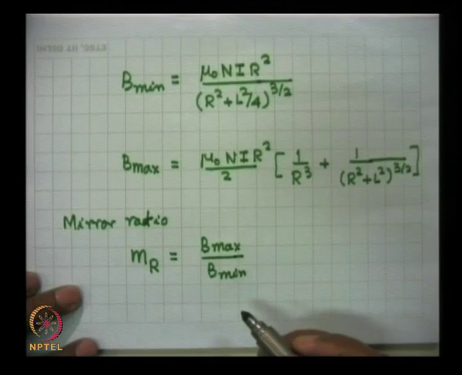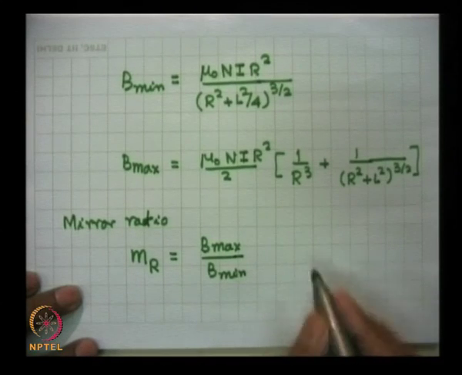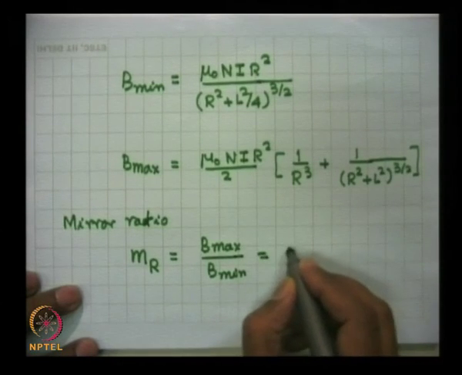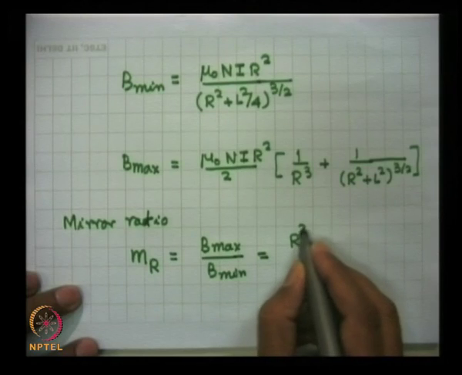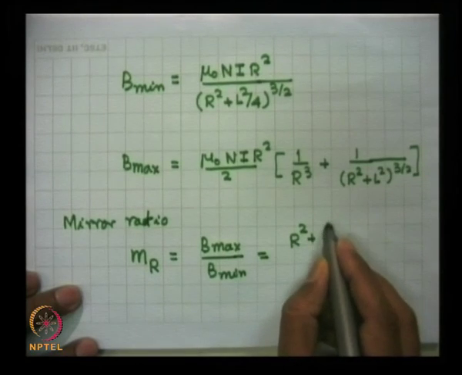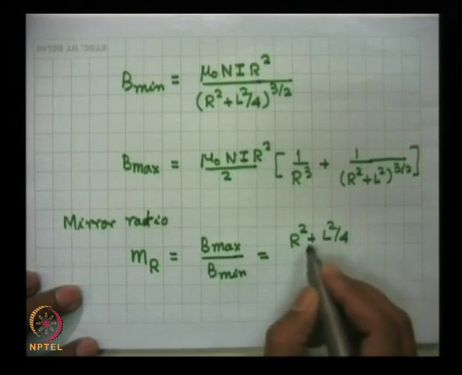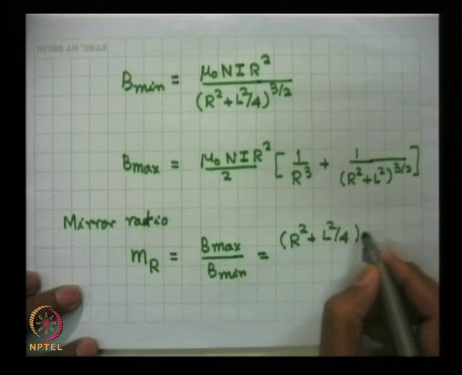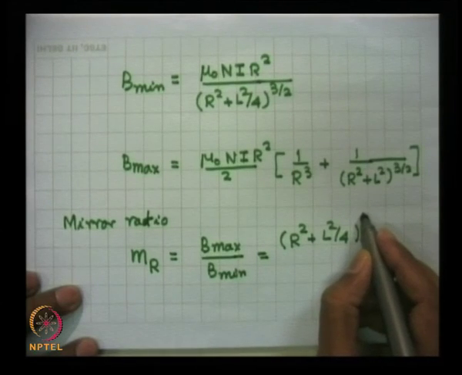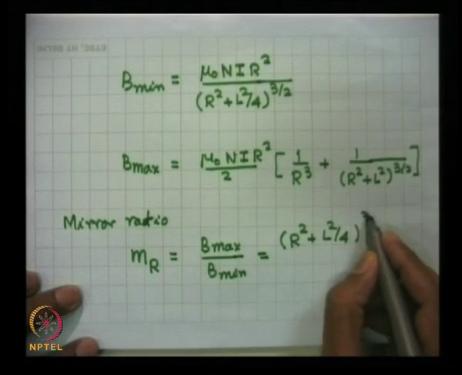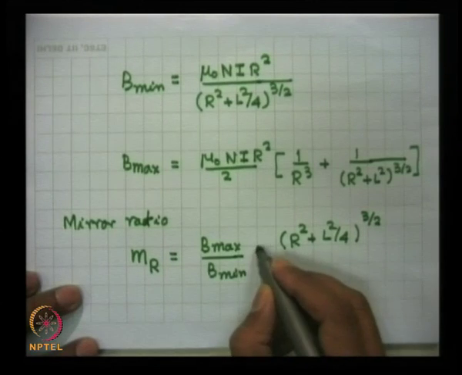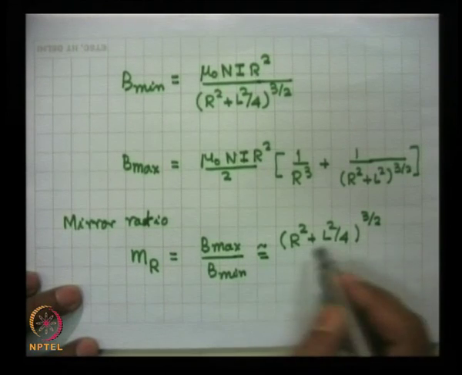Well, the value turns out to be equal to (r square plus L square by 4) to the power 3 by 2 divided by 2r cube, if I ignore this term.